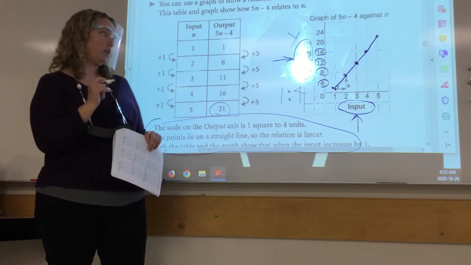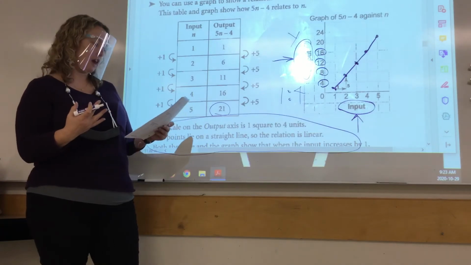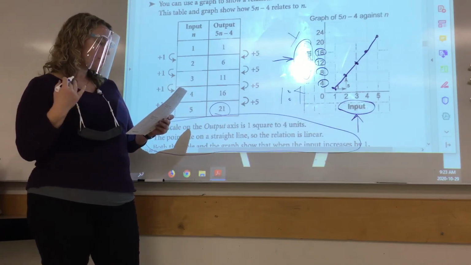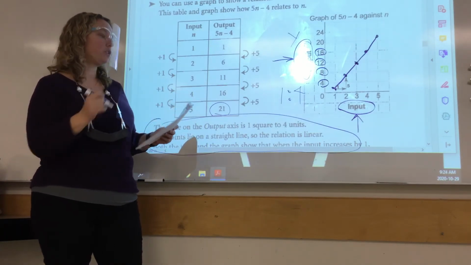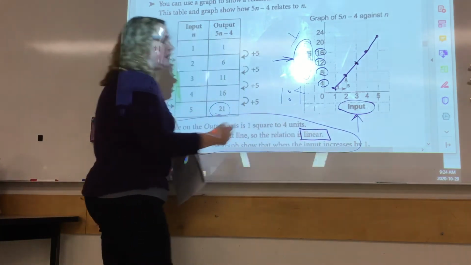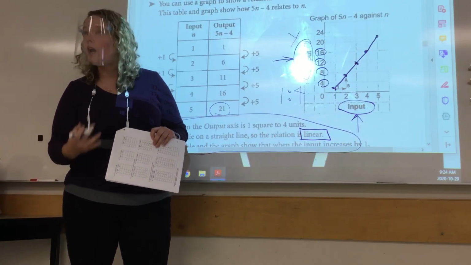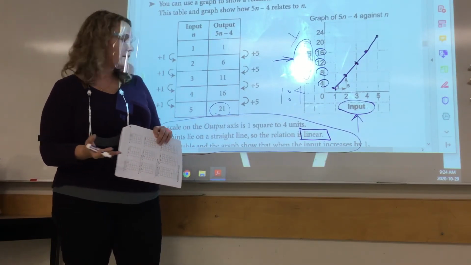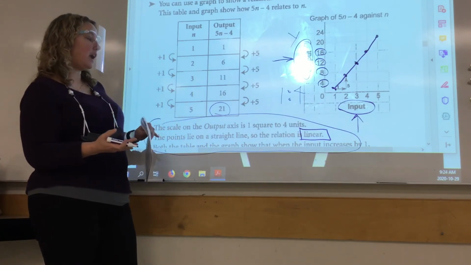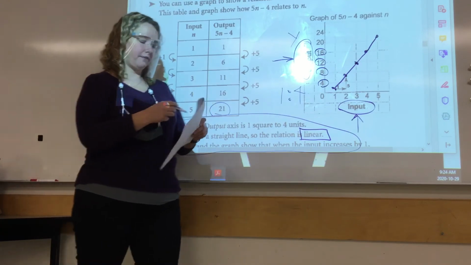Okay, so it just shows that that's the relationship that we have here. The points lie in a straight line, so the relation is linear. This is a great way to describe a graph. It's linear. It means it's a straight line. Most of your graphs are going to be straight lines because they're patterns. Both the table and the graph show that when the input increases by 1, the output increases by 5.